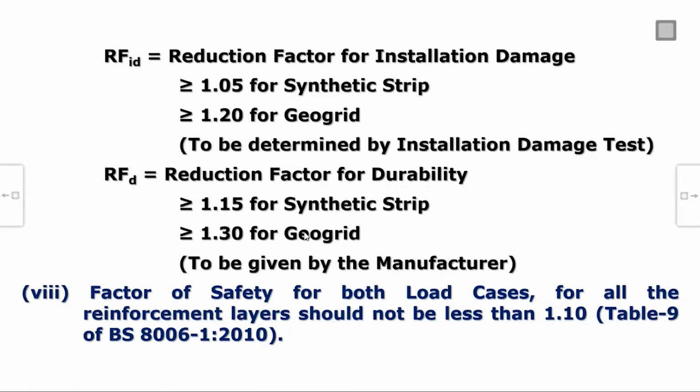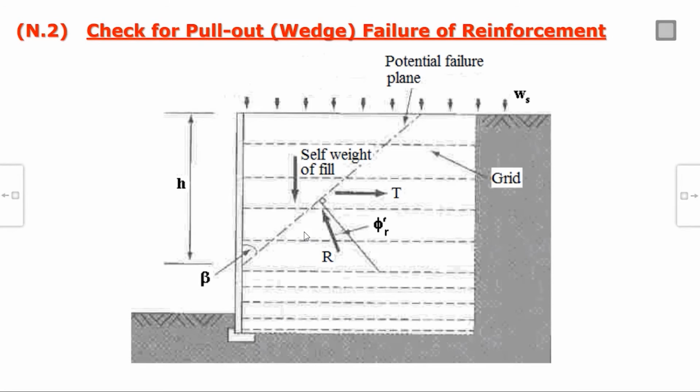My factor of safety should not be less than 1.1 for the static case we are talking about. If it is less, then either you have to decrease the spacing or you have to increase the length of the reinforced block. Clear? I hope this is okay. Simple checks, not very difficult.